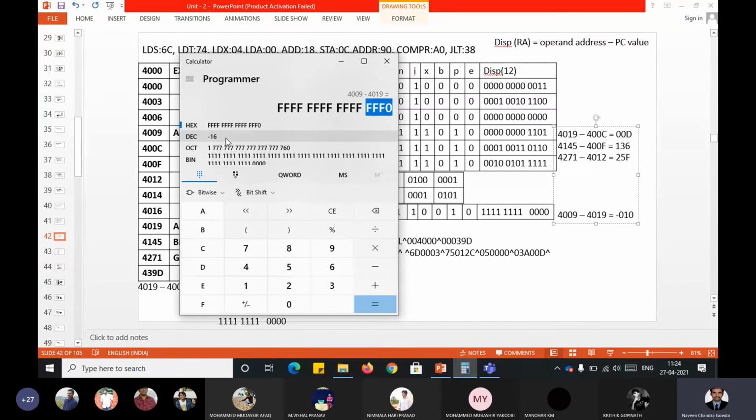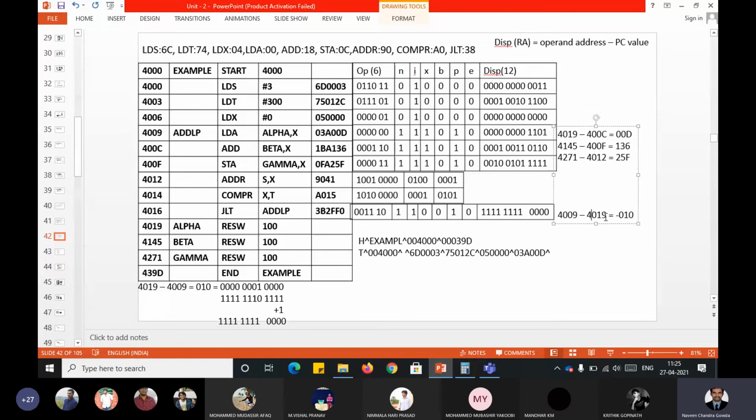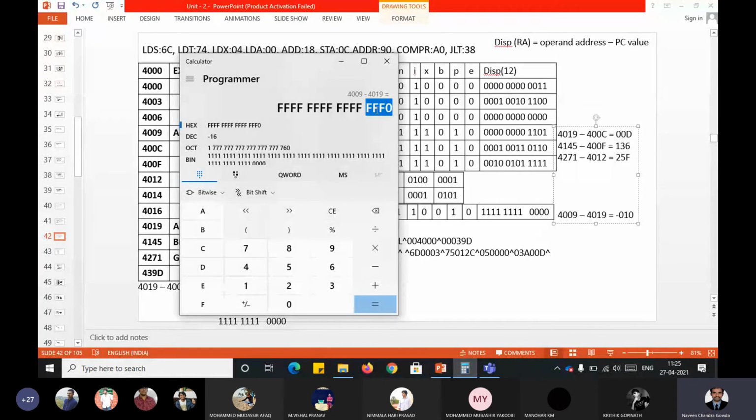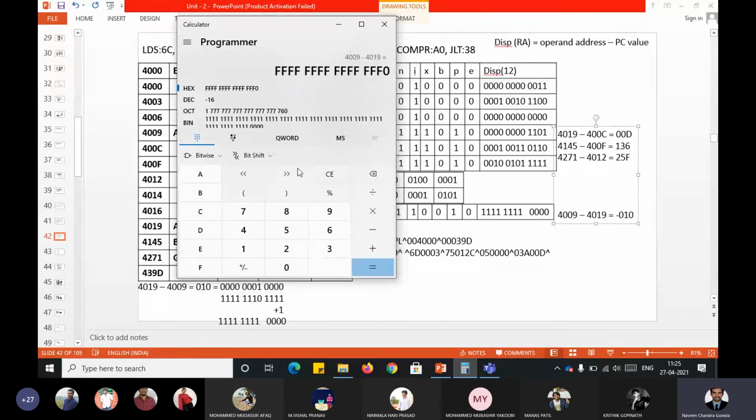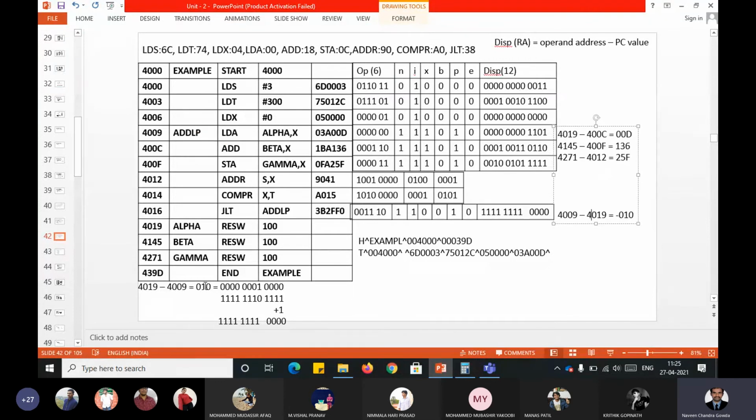You have to understand, my dear. When you subtract 4009 minus 4019, for us it is minus 010, but for the system it directly shows FF0. How did you get this FF0? That's what I showed you here. When you subtract 4019 minus 4009, you get 010. Convert that to binary, take the ones complement and then the twos complement, and you'll get FF0.